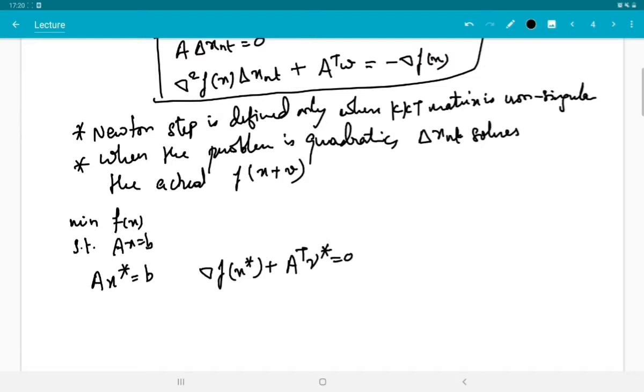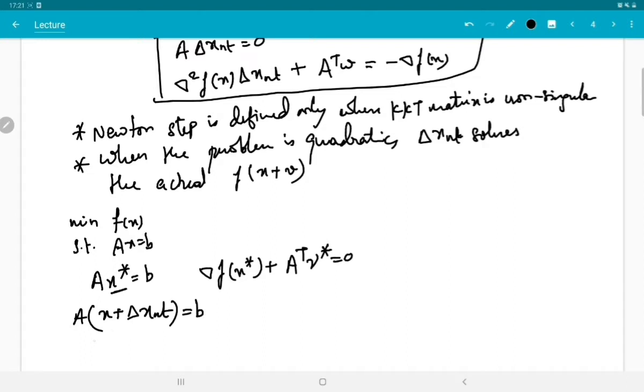In our case, if we replace x star by x plus delta x_nt, that is our previous step plus the delta step, this thing should be exactly equal to b, because whether it is x or x plus delta x_nt, both of them have to be inside the feasible set.